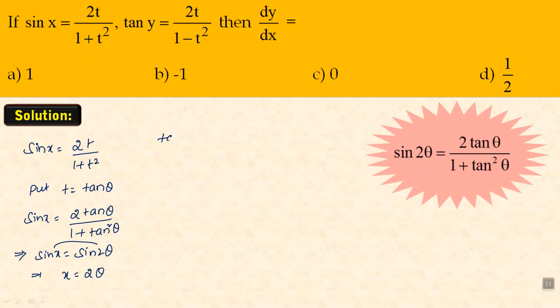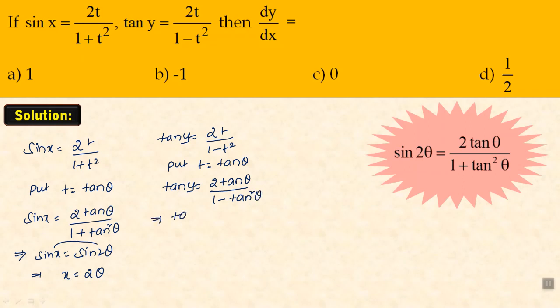Also given tan y is equals to 2t by 1 minus t square. In this put t is equals to tan theta. We get tan y is equals to 2 into tan theta divided by 1 minus tan square theta.